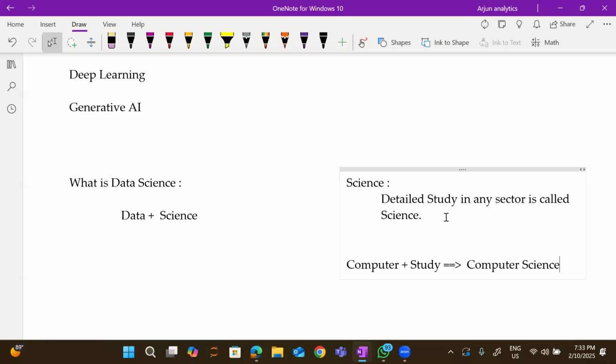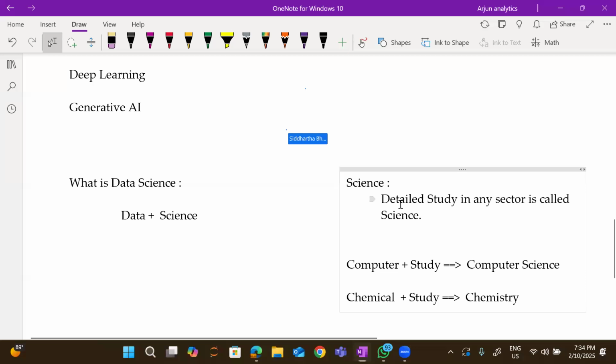It is a science again. Or you are doing a detailed study on chemicals. We call it chemistry. Chemistry is again a science.